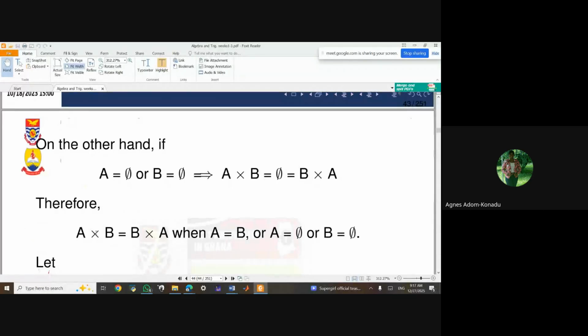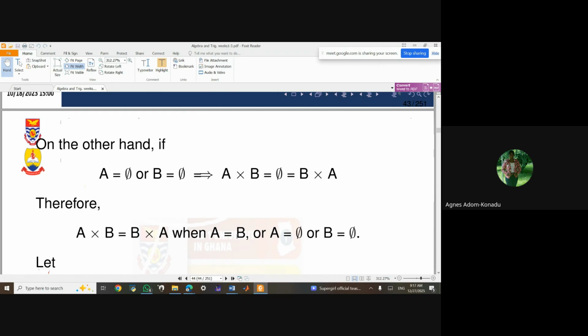Therefore, if one of them is a null set, then it means that A cross B is equal to B cross A, because we know that both of them are null sets, or one of them is a null set. So that is it.